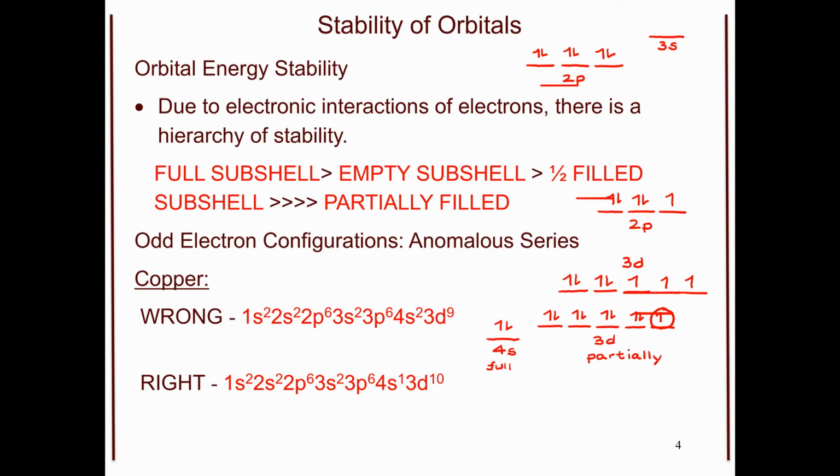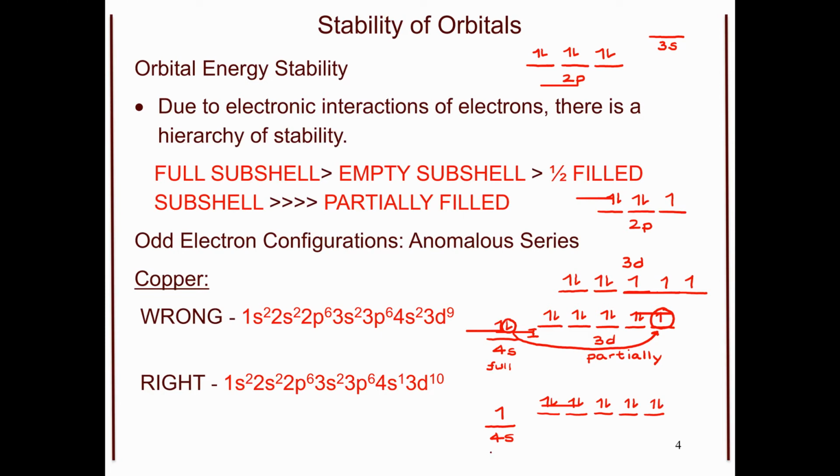Well, the energy difference between the 4s and the 3d is so small that I am able to move one electron from my 4s orbital and place it into this last 3d orbital, and you can now see what I will get. For 4s, I now only have 1. But for my 3d, let me draw in my orbitals. You will now notice that I have all 10 electrons in my subshell.